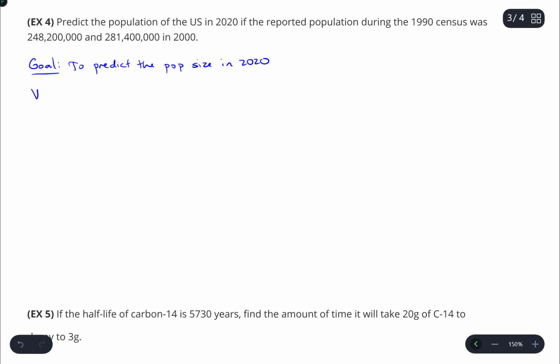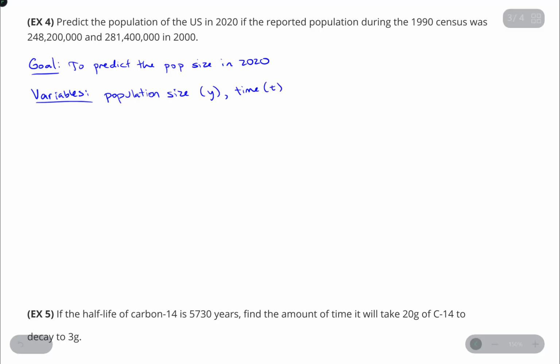Okay, so let's keep that in mind. And it's also great to identify variables. So what kinds of things are we observing changes of? Certainly we have the population size, and we'll just note the population size to be the variable y. But then we also have time. So time is changing through this example, so we'll give that a letter t. And we have our growth model.